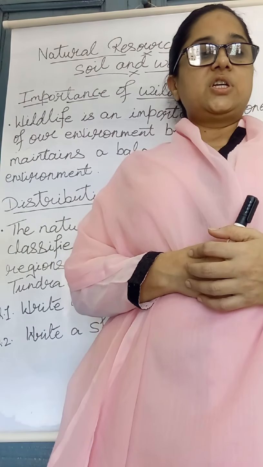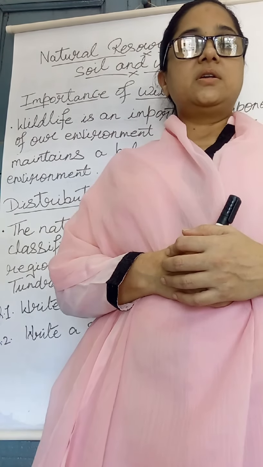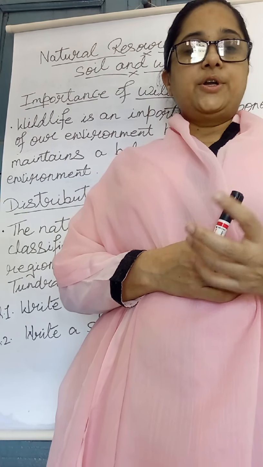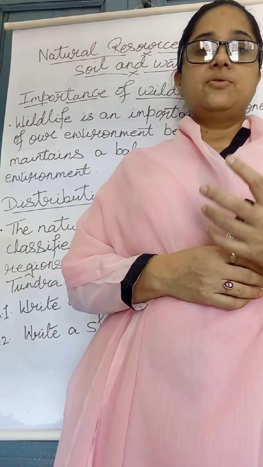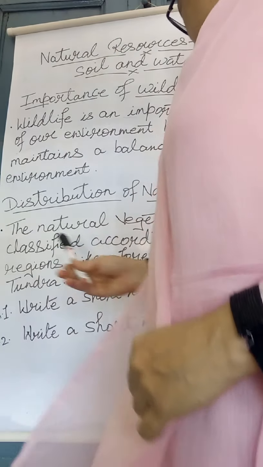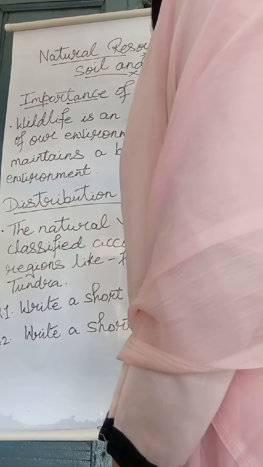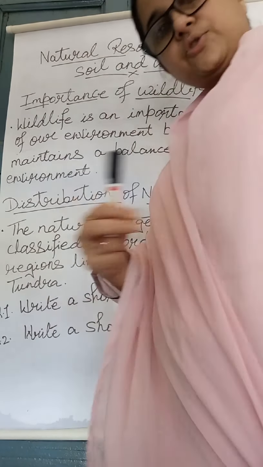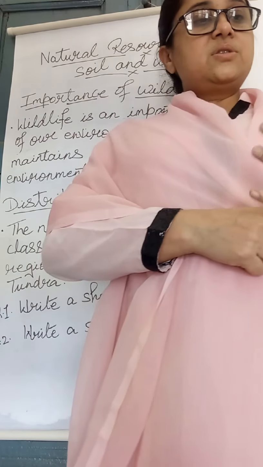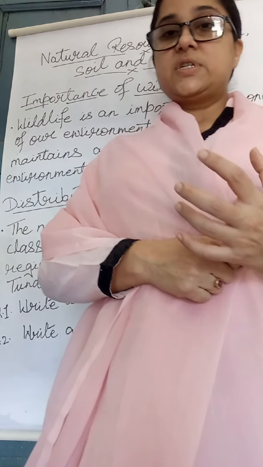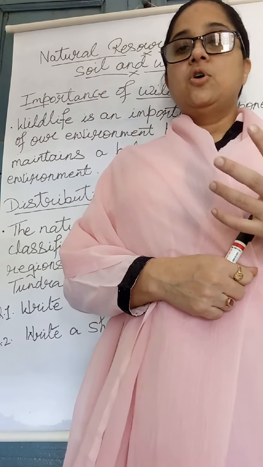So the natural vegetation can be classified according to the various regions like forest, grassland and tundra. So it is divided into these three types. First I will explain to you about forest.